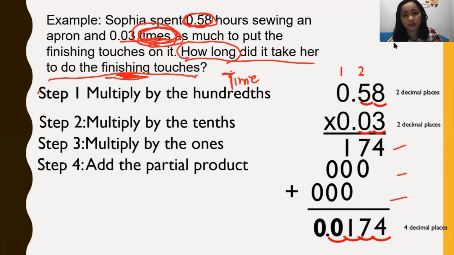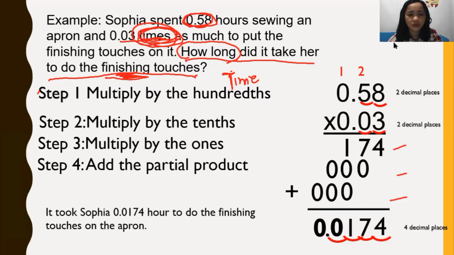So the total is 4 decimal places. Therefore, it took Sophia 174 over 10,000 hour to do the finishing touches of the apron.